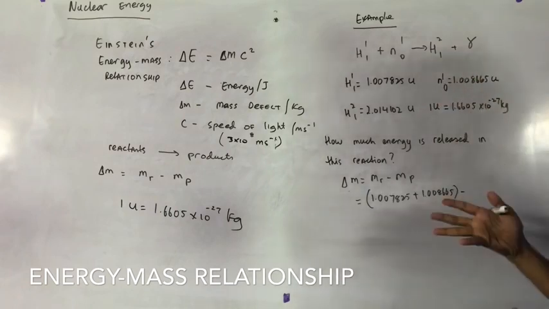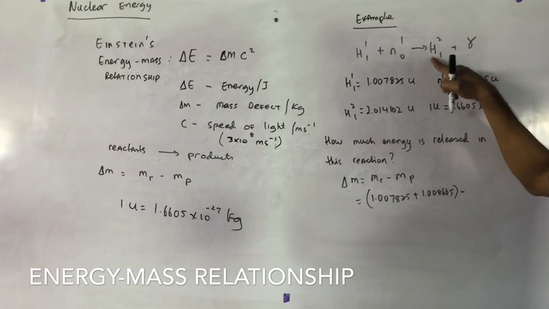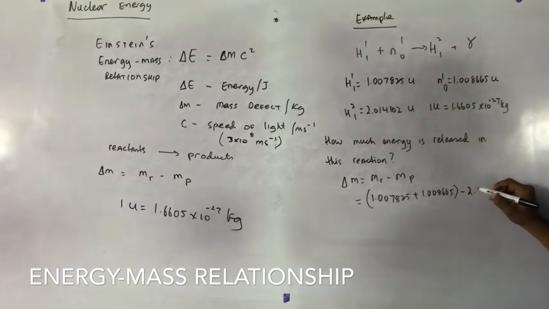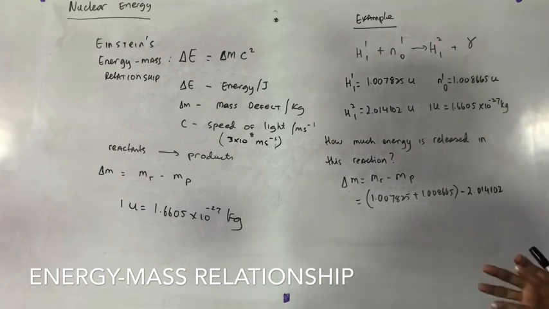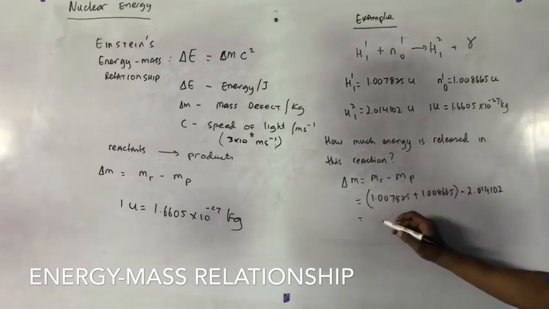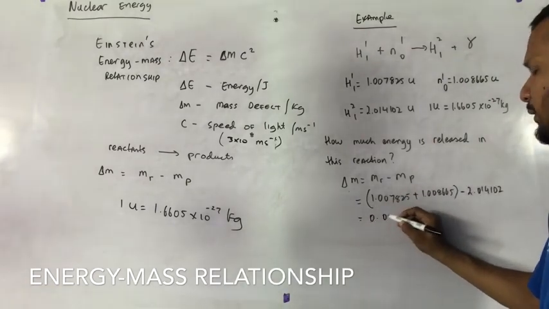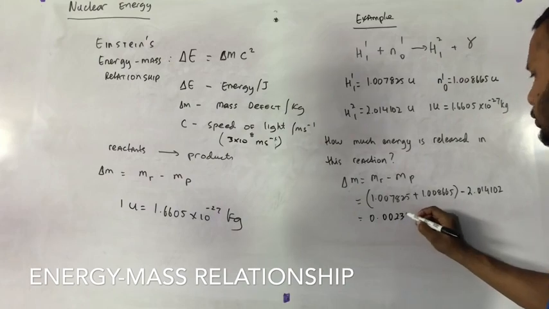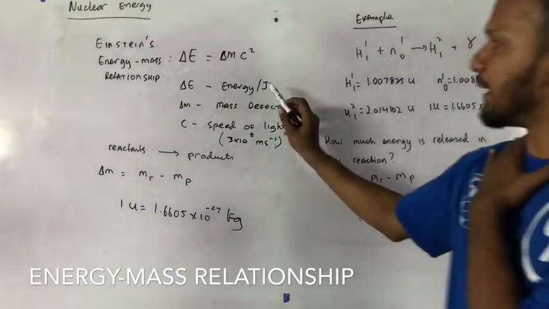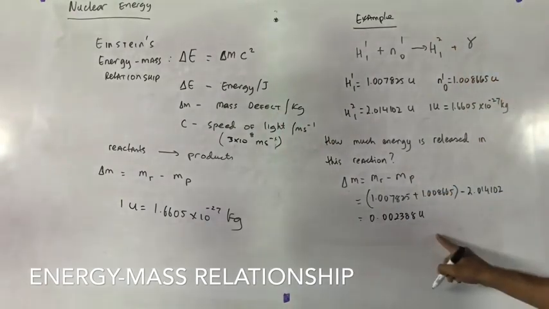Gamma has no mass, it is a ray, and an isotope of hydrogen, 2.014012. Try to do this all at once in a calculator. The value that you should get when you work this out is 0.002388 U.